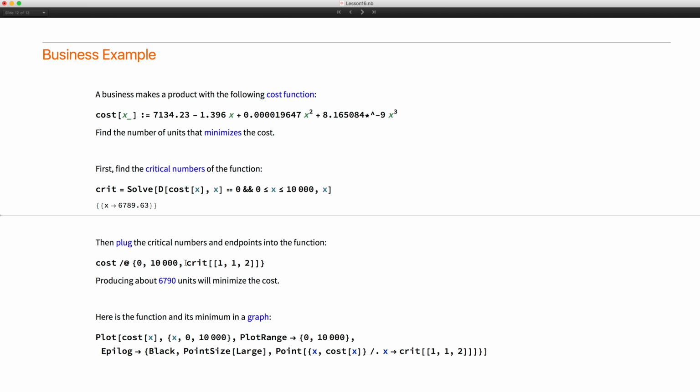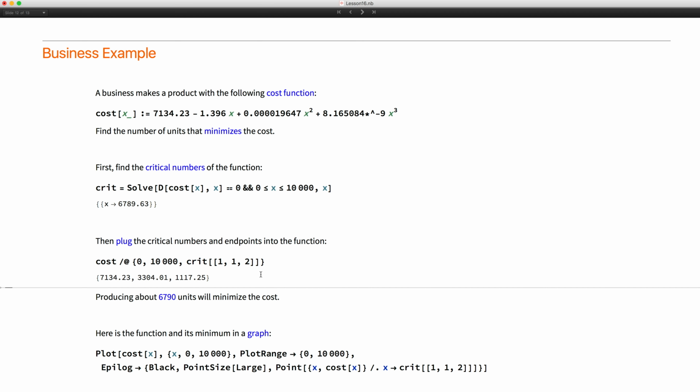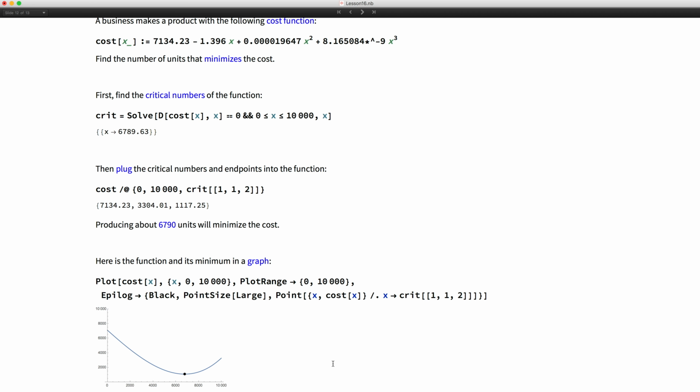You plug in the critical point and the endpoints over here, and then what you do is you work out the values at those points, and you find out that you need to produce around 6,790 units to minimize the cost. So here's a plot for the problem, and you can see quite clearly that you actually do have a minimum somewhere around 7,000.